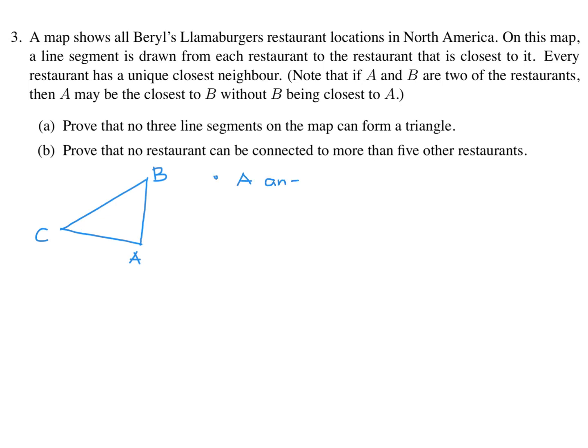A and B are connected, correct? So since they're connected, we know every restaurant has a unique closest neighbor.